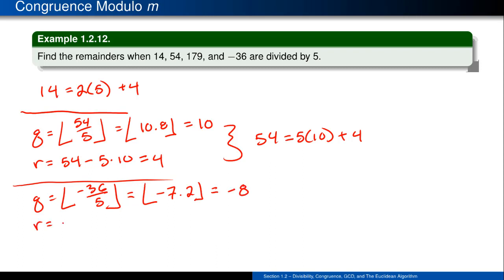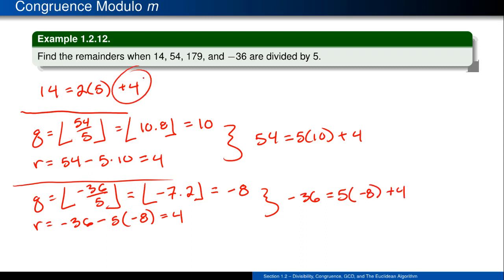So my r value is negative 36 minus my divisor 5 times my quotient of negative 8. If you compute this, you see a double negative occurring, so that turns into a positive 40, and negative 36 plus 40 turns into a 4. So negative 36 equals 5 multiplied by negative 8, plus that remainder of 4.